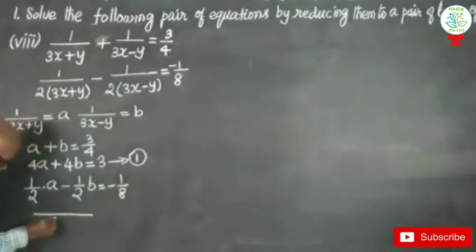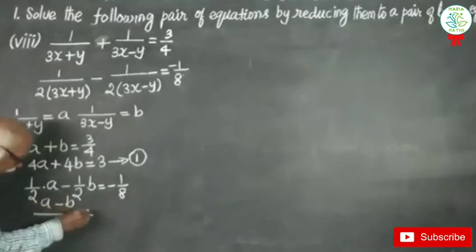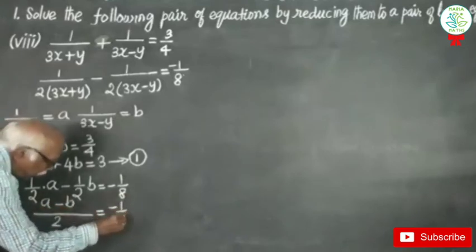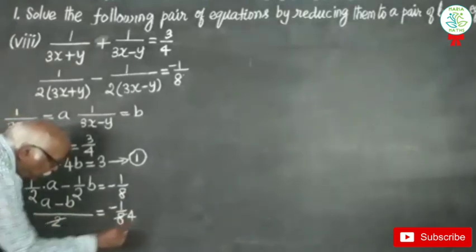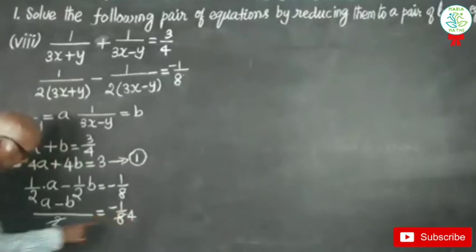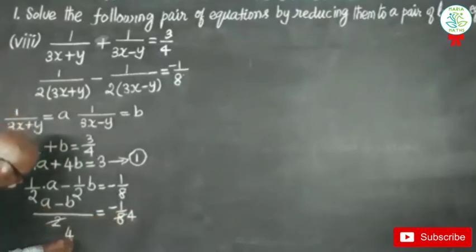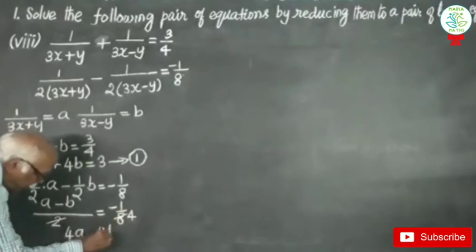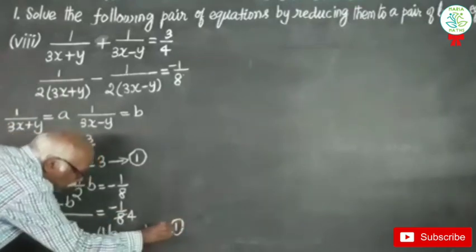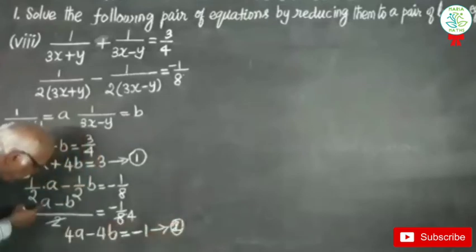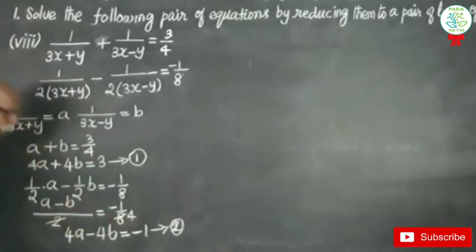Now take LCM: a minus b by 2 equal to minus 1 by 8. Now we can cancel, 4 into a minus b. 4a minus 4b equal to minus 1. Equation number 2.